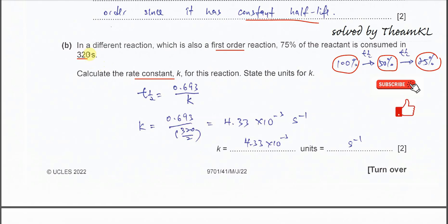So do not use the time that is given, you must halve it. Don't just directly substitute this one into this. Because it goes through two half-lives, the actual half-life is 160. So it's 0.693 over 160. So you get 4.33 times 10 to the power negative 3 per second.